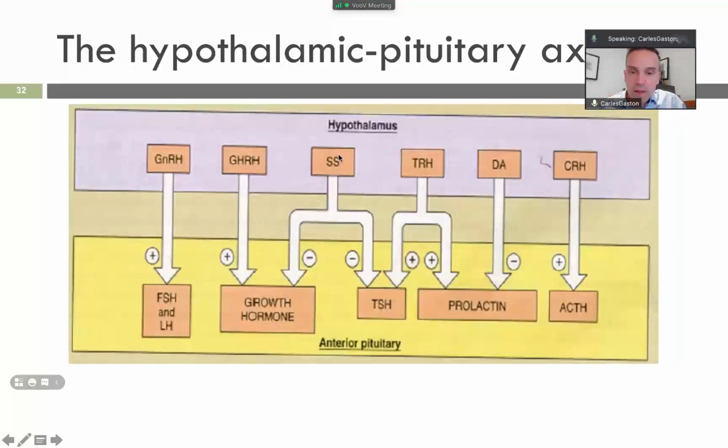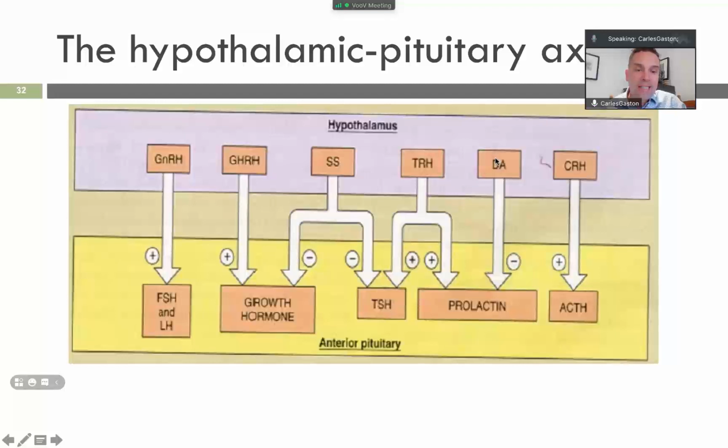Somatostatin has an inhibitory effect, so it suppresses these somatotropes from producing growth hormone. It also has an inhibitory effect on thyroid stimulating hormone, and thyrotropin releasing hormone has a double effect: a positive effect on thyroid stimulating hormone and prolactin secretion.